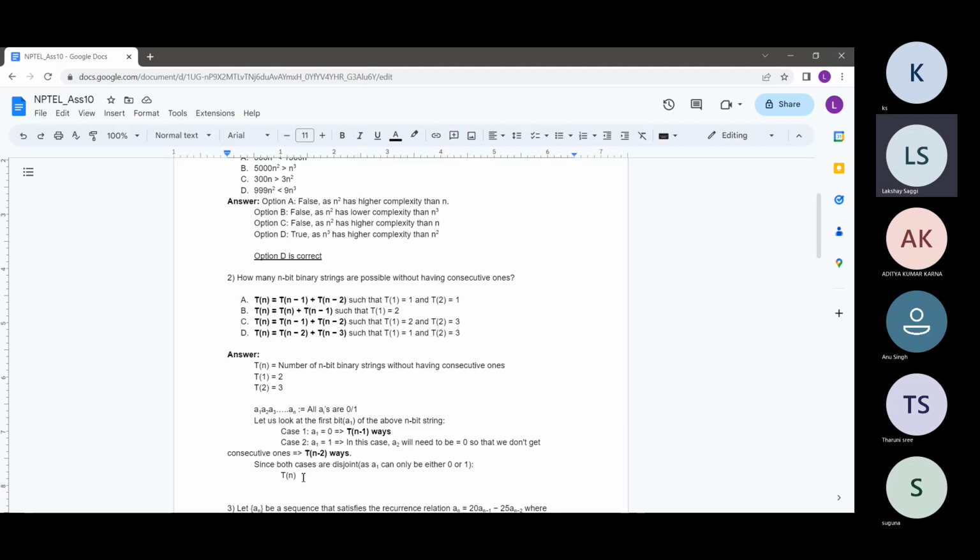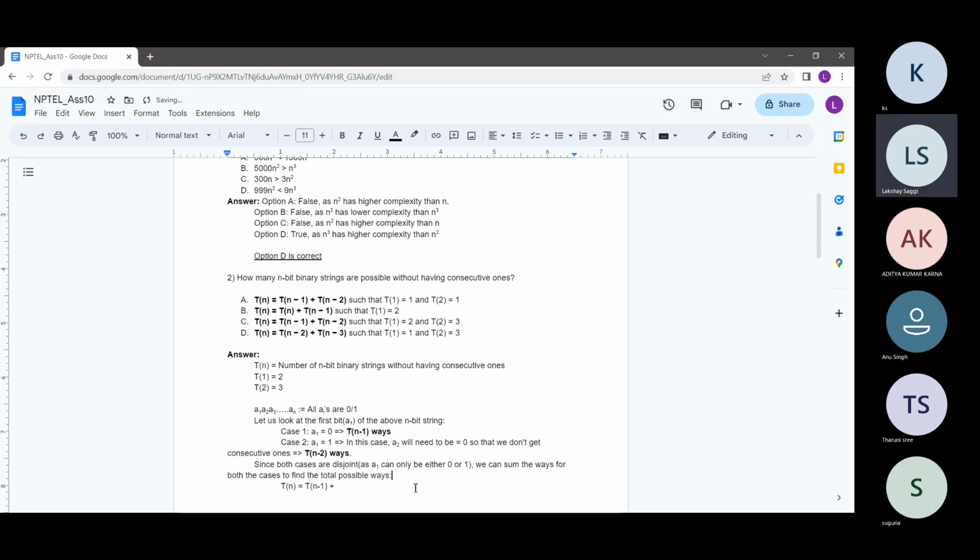So we can just say that t of n will be equal to t of n minus 1. Maybe I'll just write it down. We can sum the ways for both the cases to find the total possible ways.